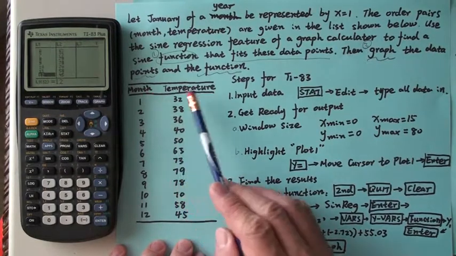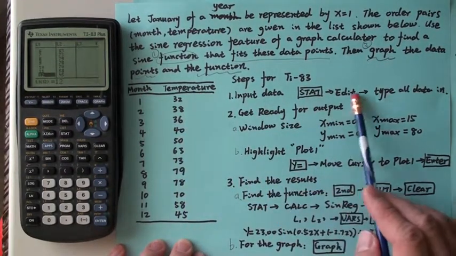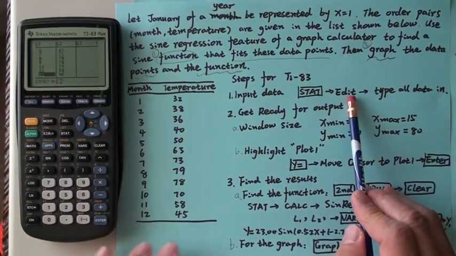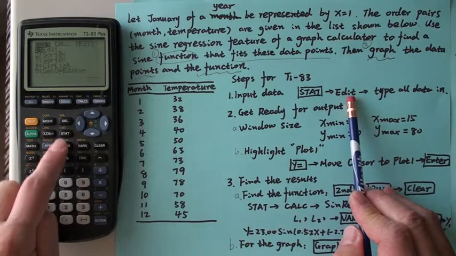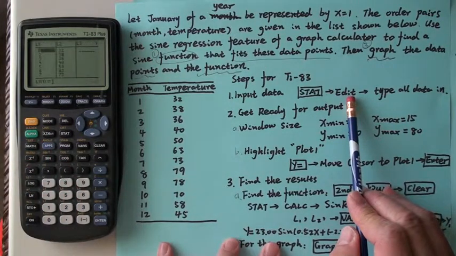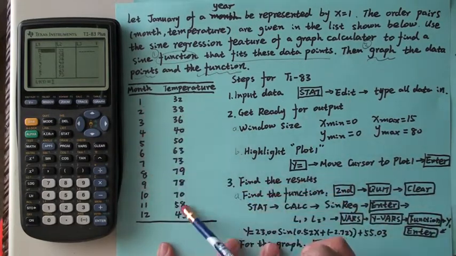So we know how to input those data. Very easy. Stat, edit. Again, you can hit 1, edit. So we know we need to put the data in this way.